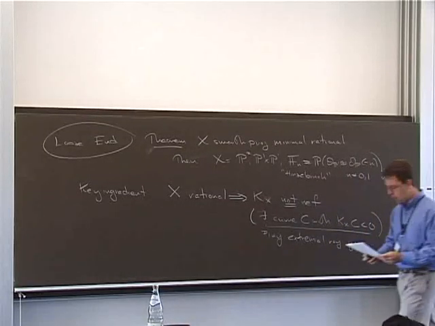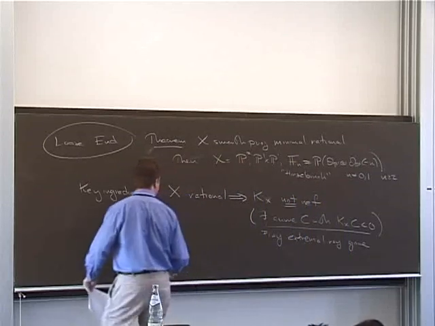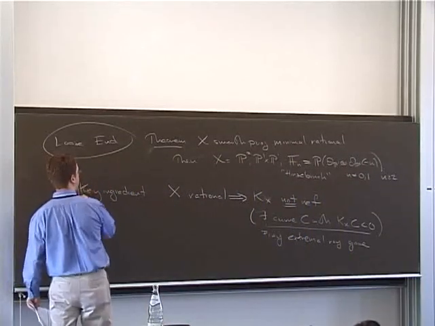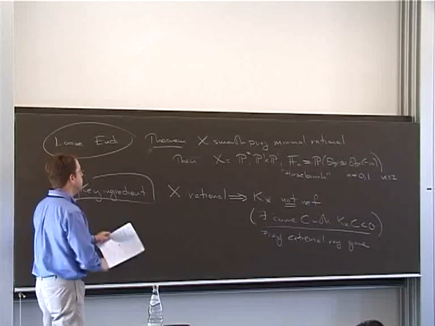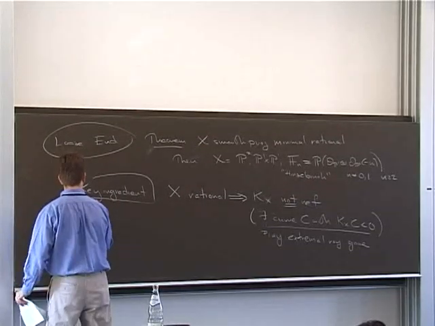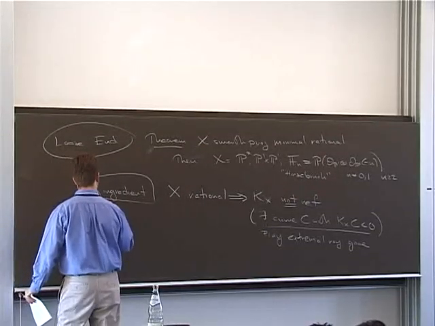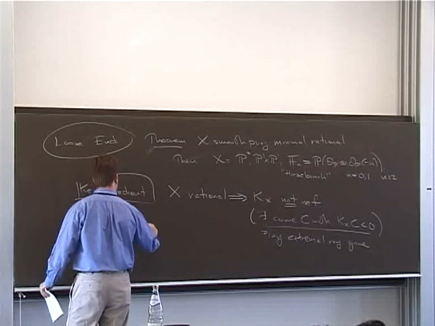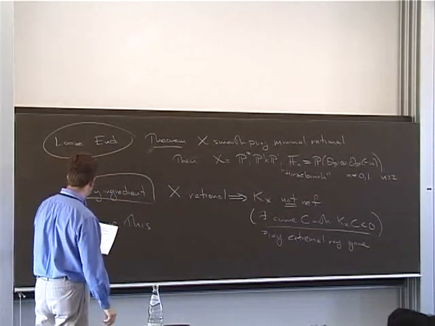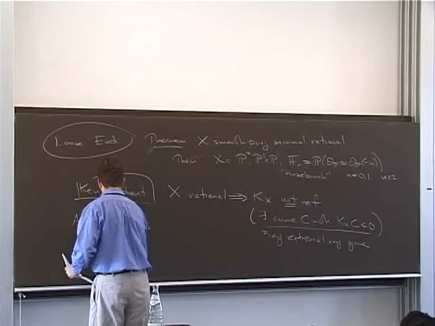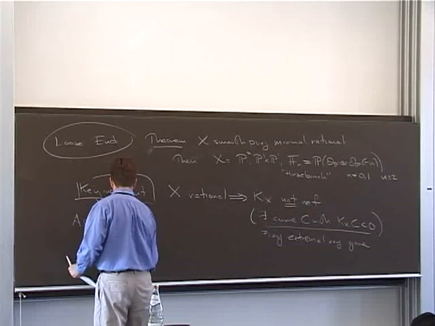Now, the key ingredient, I'm going to assume this for the time being. I'll say a little bit more about how to think about it. But assuming this, let's let R be an extremal ray.